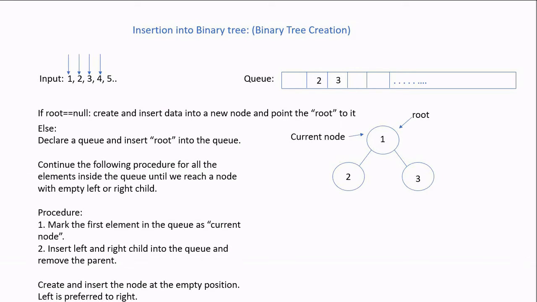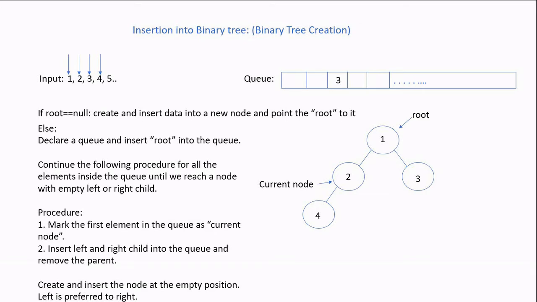Now the current node becomes the frontmost element of the queue, that is 2. We need to check whether it contains both left and right child or not. No, it does not contain a left child itself. So we pop it out, and as the current node does not contain a left child, the new node is placed at the left position of the current node. Let's see how to insert 5.